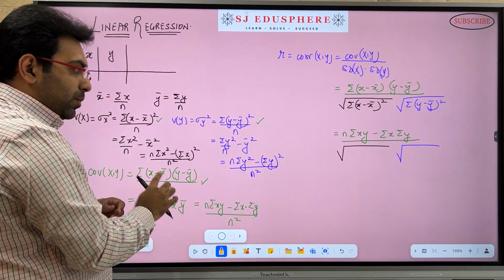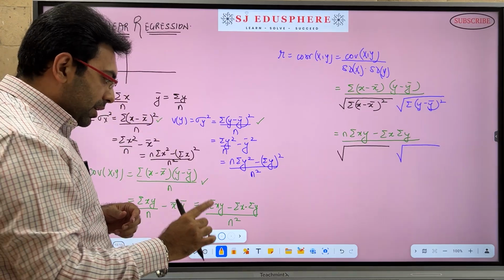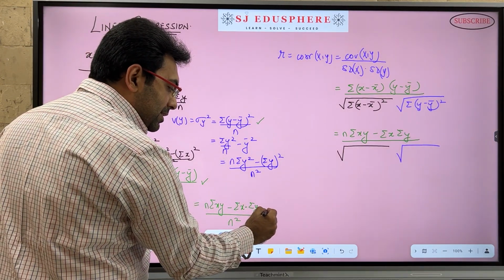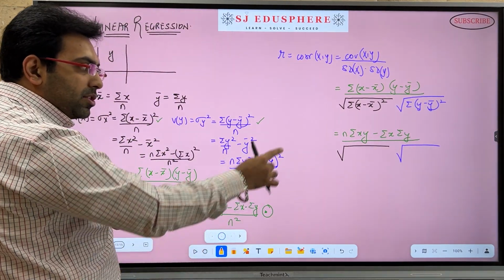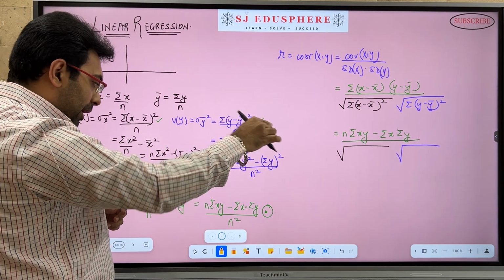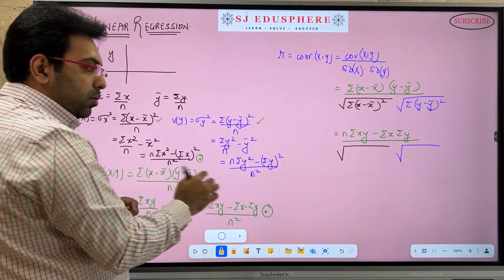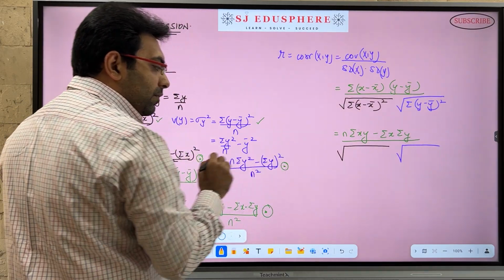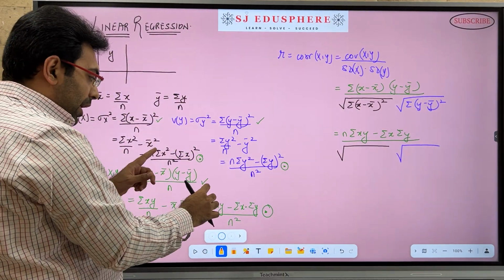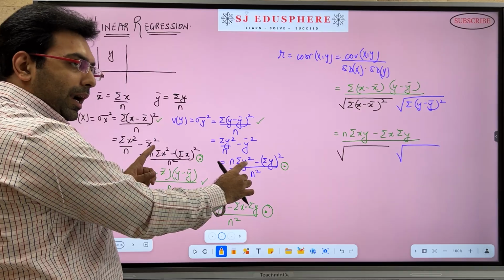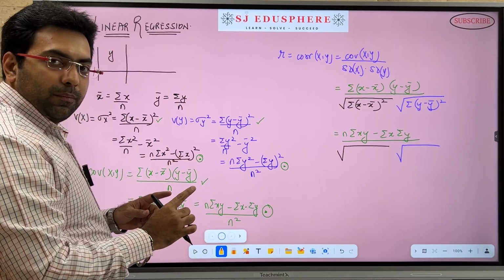That gets cancelled with this n. Similarly, I am now taking the second formula with n square in the denominator, comparing it with this formula with n square under root and over here with n square under root. The n square and n square under root will cancel with this term.